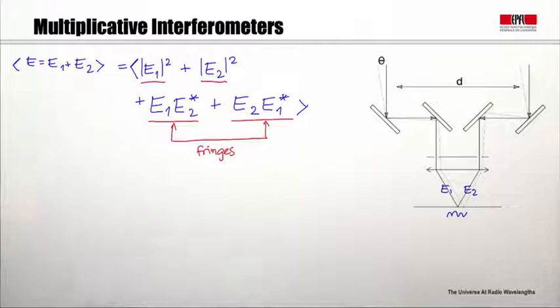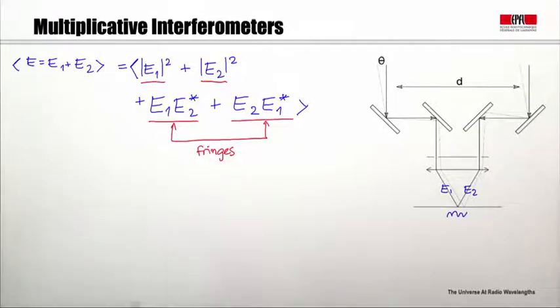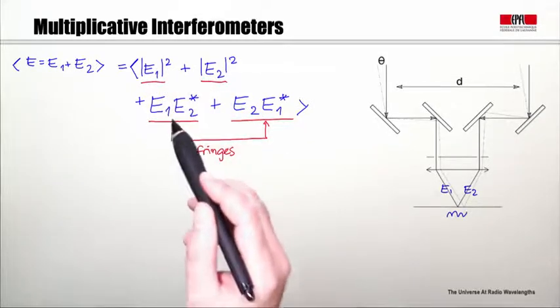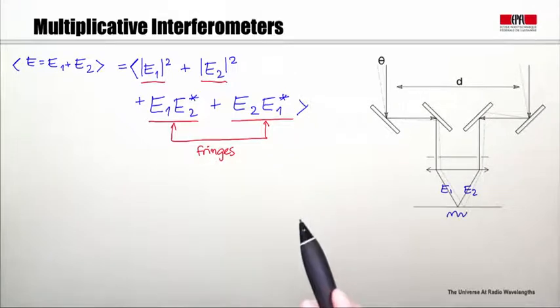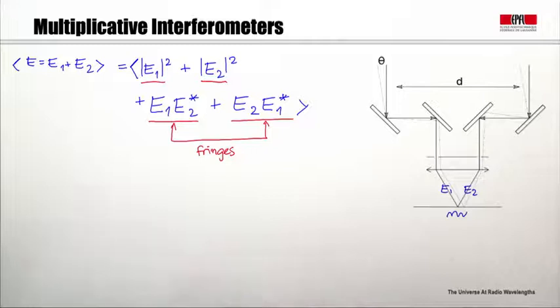We're pretty much able to measure E1 and E2 directly. So our electronics are fast enough to actually measure that. And so in a modern radio interferometer, we don't even bother about these two signals because we can measure E1 and E2 directly and then basically multiply them in the big computer that's called the correlator. And that's a multiplicative interferometer.